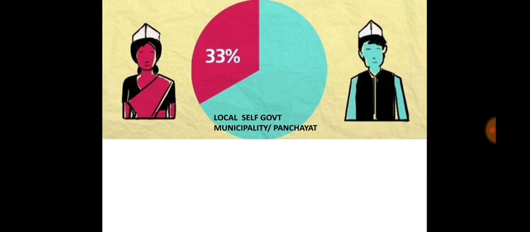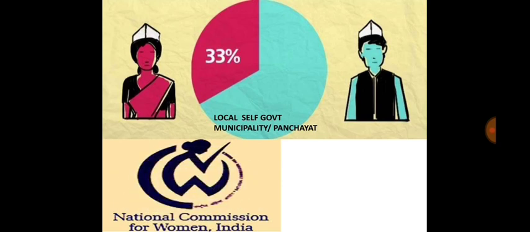But there is no reservation for women in Lok Sabha or Rajya Sabha or any state assembly. Only in local self-governance, in municipality or panchayat, it is mandatory to give 33% reservation to women. This is the way by which we include their voices, and we are sharing our powers. Through different mechanisms we devise ways by which we can give them stakes in our governance.